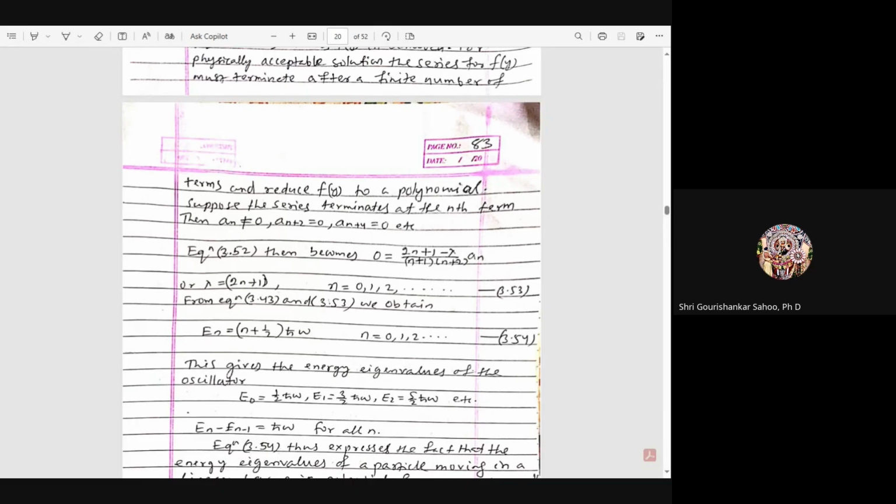You can see if you subtract E0 from E1, then 3 by 2 minus half is equal to 2 by 2, which is equal to 1, that is h cross omega. If you subtract E1 from E2, then 5 by 2 minus 3 by 2 multiplied by h cross omega will give you 2 by 2 h cross omega, which is equal to h cross omega. So E_n minus E_{n−1} will give you h cross omega for all n. That means the energy values are equispaced.